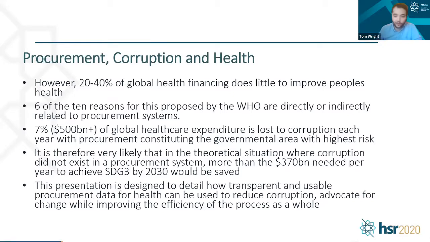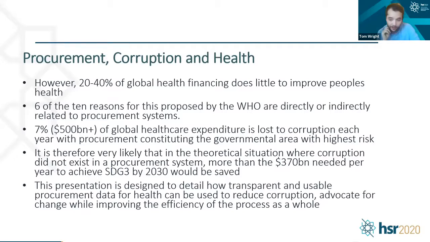So that's a huge amount of money that obviously doesn't go into effective projects or public projects. 6 of the 10 reasons proposed by the WHO are directly or indirectly related to procurement systems. So you can see how procurement is important in creating that 20 to 40% figure.